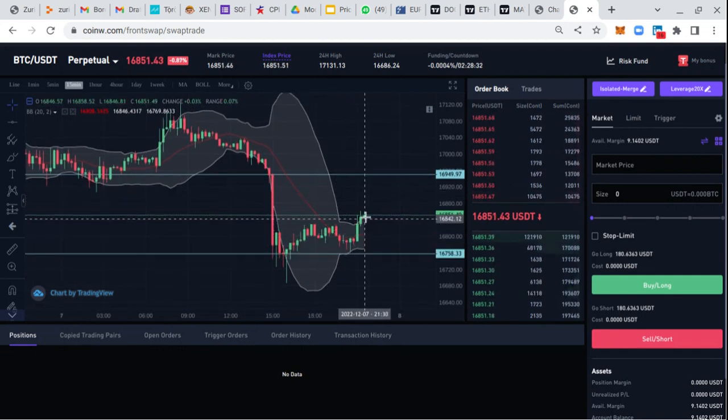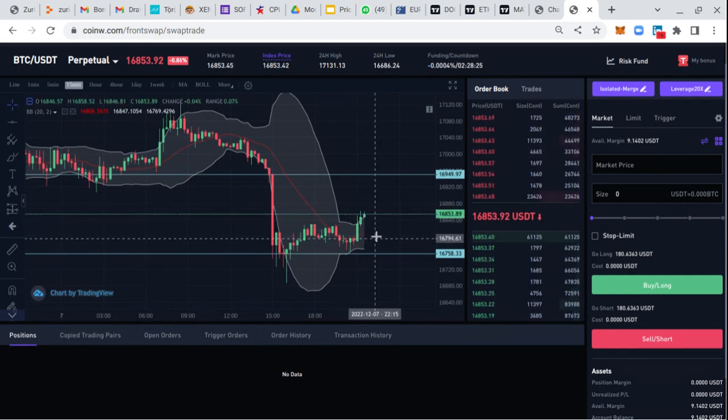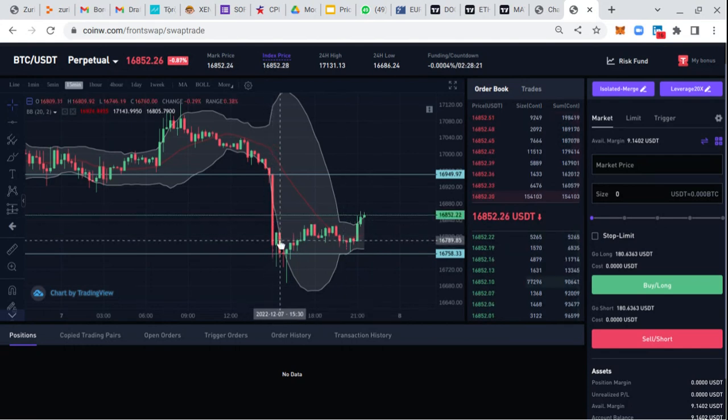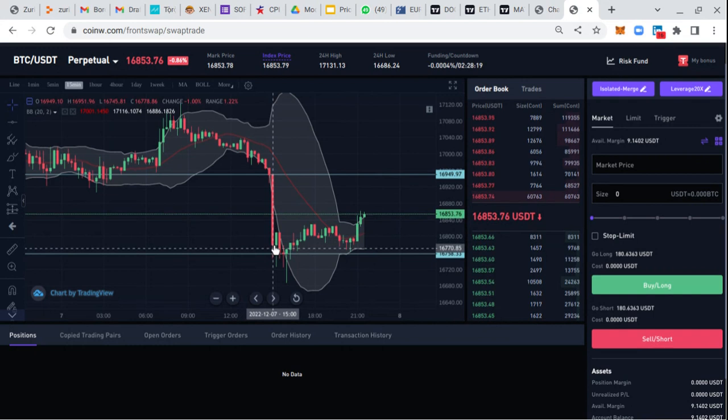Looking at it in 15 minutes, it has already exceeded the upper bound. That means it will enter back into the band. You understand? Sometimes it can go massive when the volatility is high, but it will always enter back inside the band.